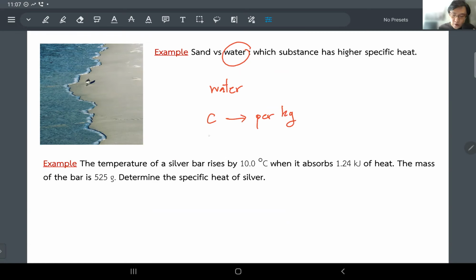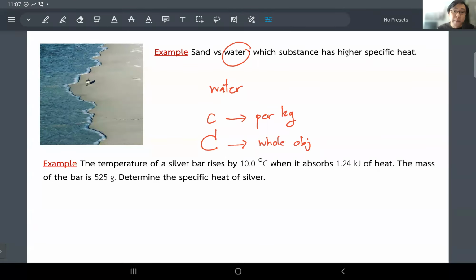Does that make sense? The capital C is for the whole object, so it depends on how big that piece of the object is. Specific heat is when you take every material at 1 kilogram and compare. That's a number that you can use to compare specific heats.